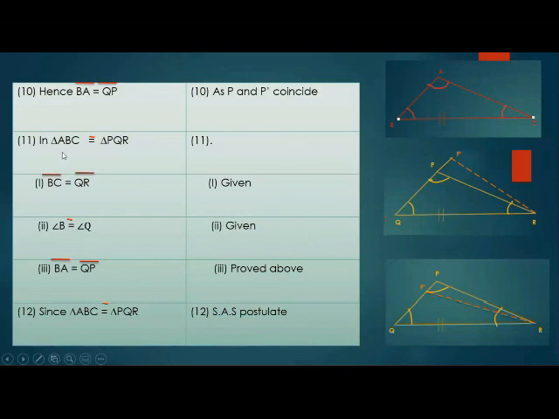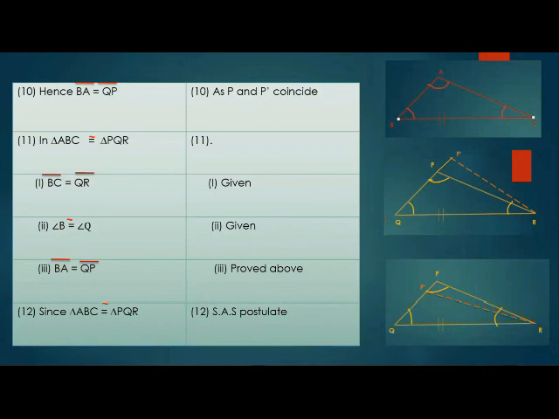So in triangle ABC and triangle PQR, you can see BC is congruent to QR, angle B is congruent to angle Q, and BA is congruent to QP. So both sides and the angle between them are congruent to each other. It means that both the triangles are congruent by the SAS postulate, which we have discussed earlier.